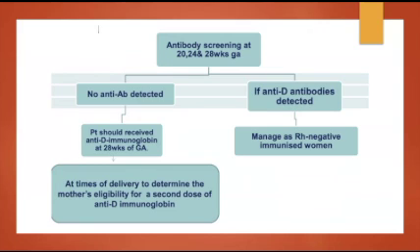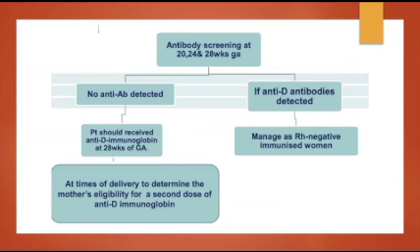We need to do this second dose after delivery within 72 hours. If in some cases it was not done within 72 hours, it is still allowed to do it up to 10 days after delivery. So in which cases do we give anti-D immunoglobulin in the postpartum period?